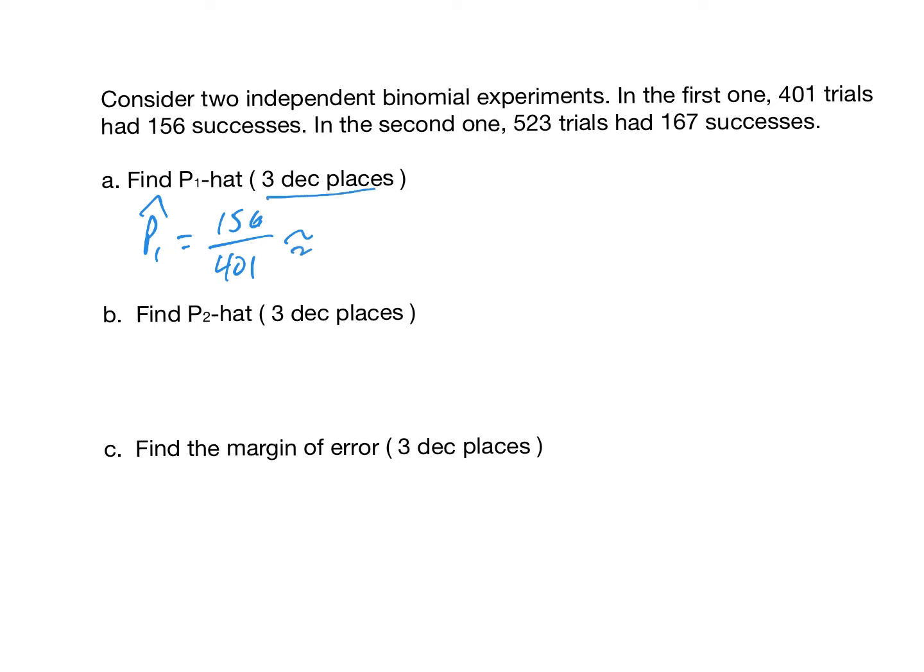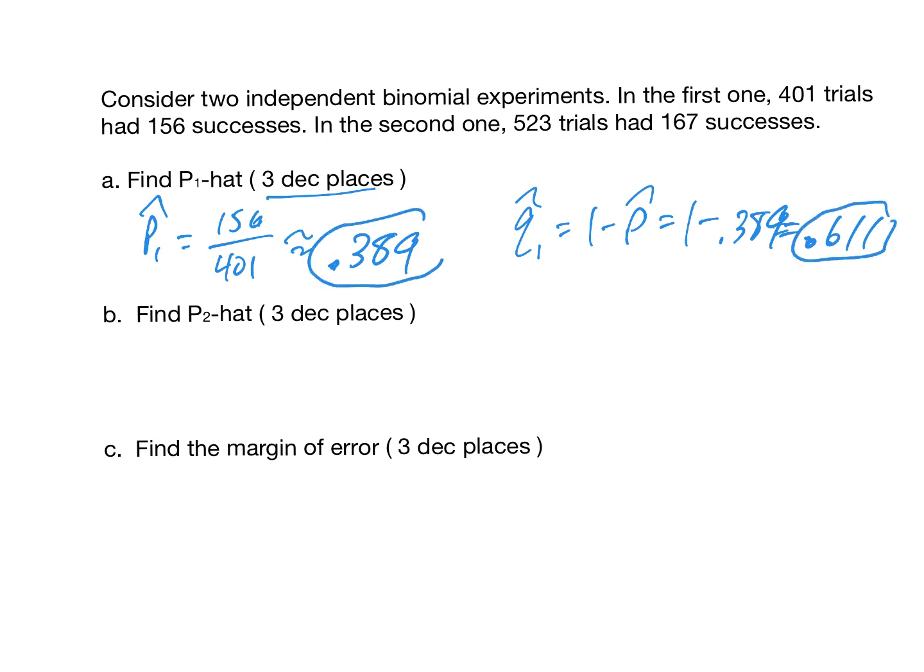Directions say 3 decimal places, so 0.389. What I'm not asking for, but you will need, is Q1 hat, which is 1 minus P1 hat, which is 1 minus 0.389, which is 0.611.